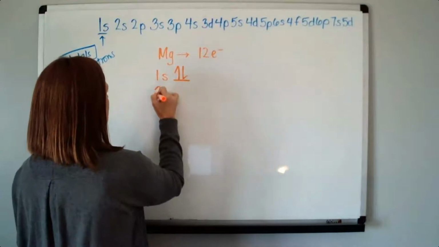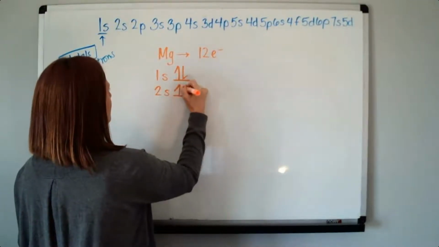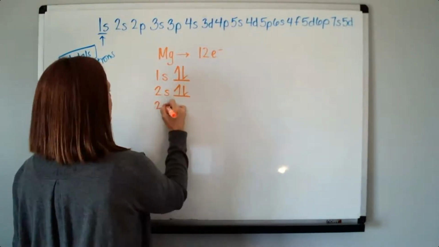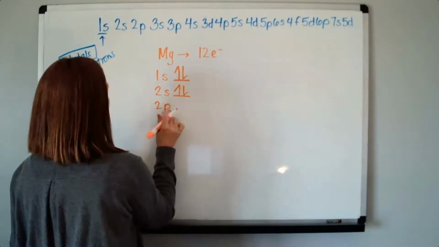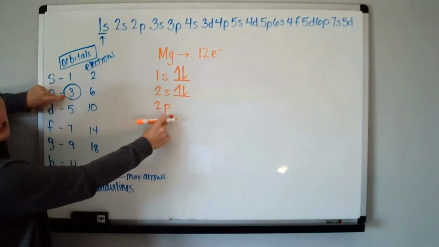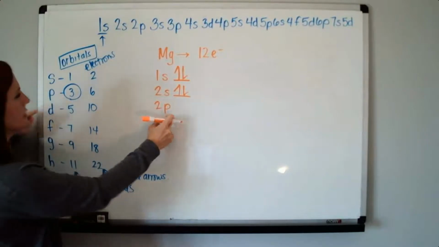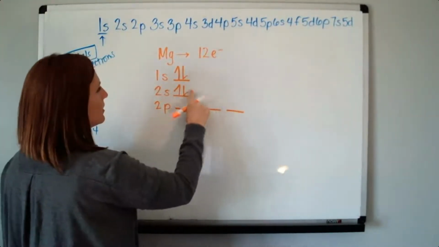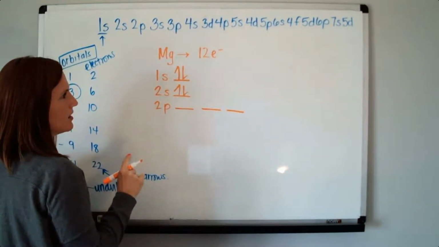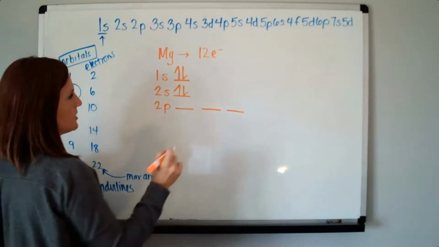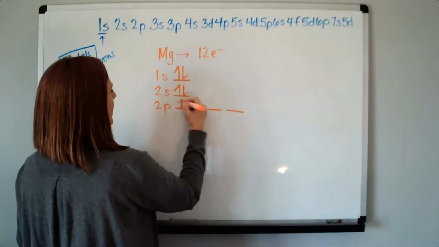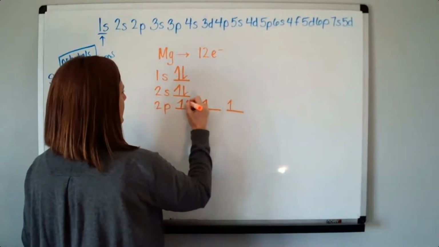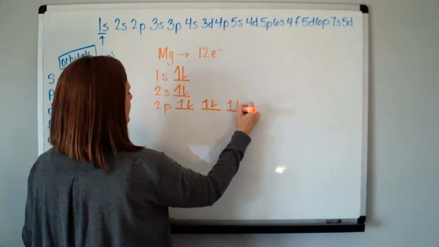Next, I'm going to do 2s, and again with my 2 electrons. 2p comes next, and because it's p, remember I'm going to do 3 underlines here. 1, 2, 3, so I have 4 electrons in here so far. I'm going to fill this using Hund's rule, so I'm going to go 4, 5, 6, 7, 8, 9, 10.